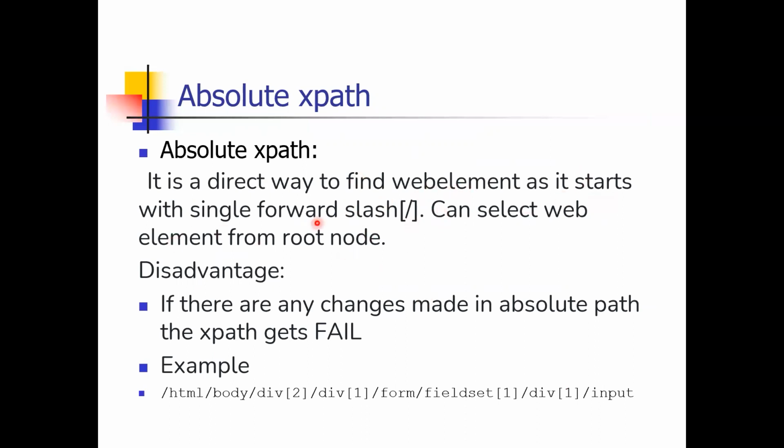Always remember, absolute XPath always starts with a single forward slash, and it can select an element from the root node. But the disadvantage is that if there is any change in any node in between, then the whole XPath will fail.